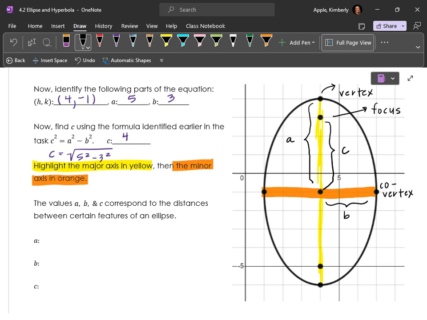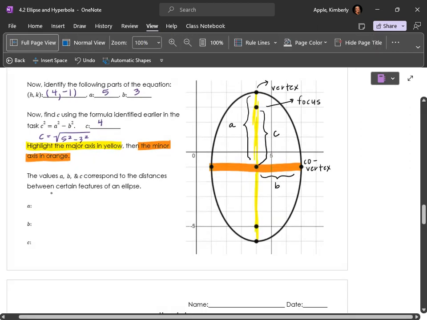So if we know the center, HK, and A, B, and C, we know everything we need to know about the ellipse, okay? Just like with P, except now we have more parameters that we need to find in order to form this shape. So let's summarize that here. A is the distance from the center to a vertex.